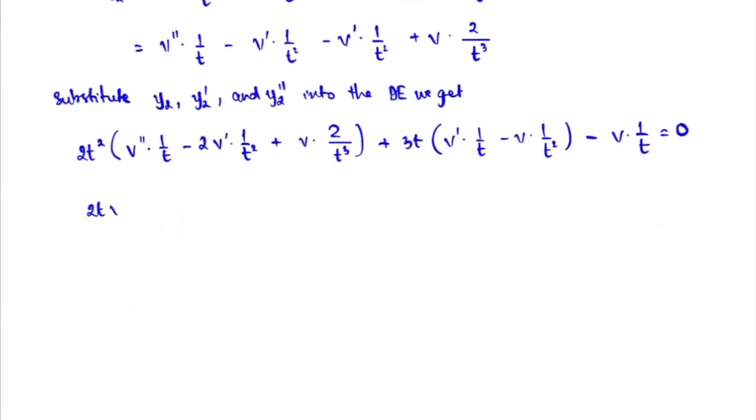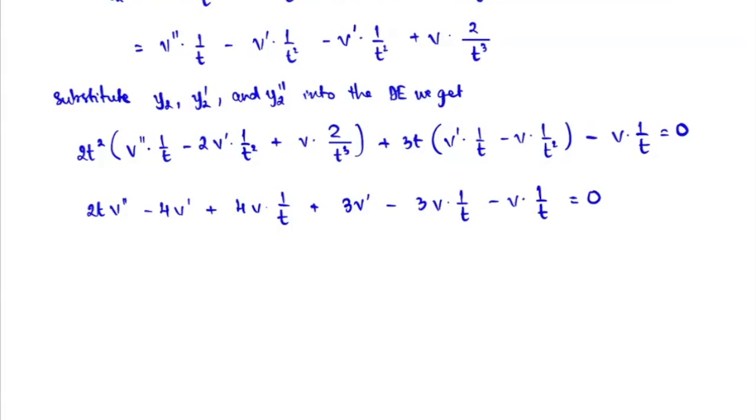So 2t times v double prime minus 4 times v prime plus 4 times v times 1 over t. Okay. Now distribute 3t, and I get 3v prime minus 3v times 1 over t, and minus v times 1 over t equal to 0.